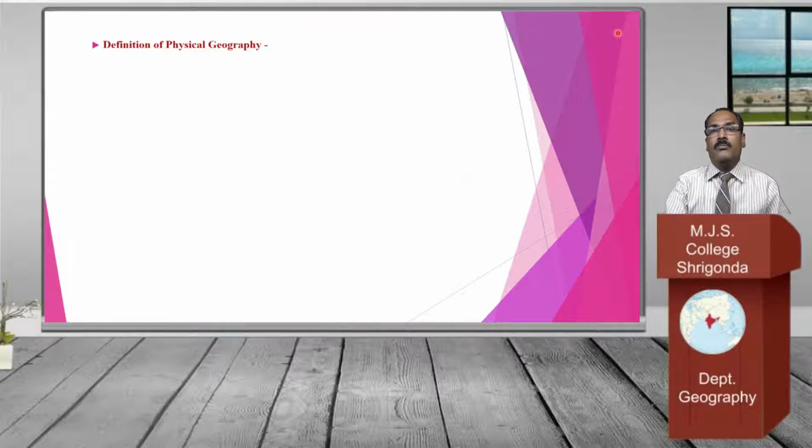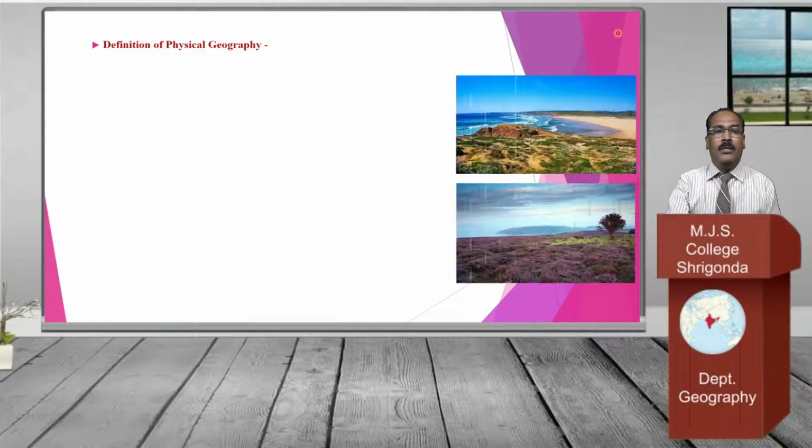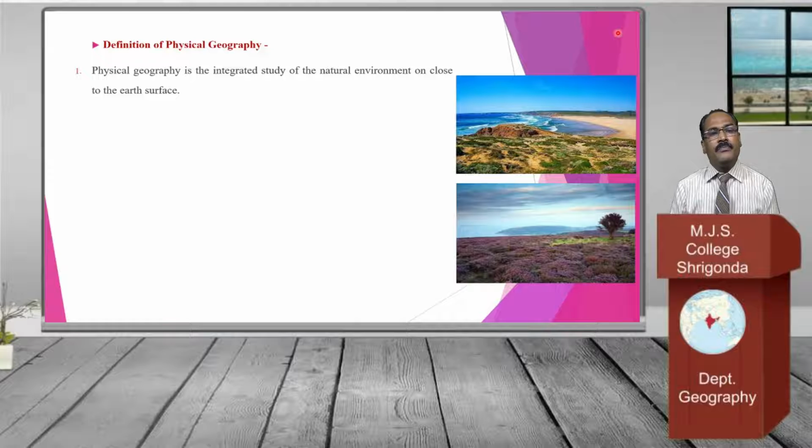Now let us come to the points. Definition of physical geography. The physical geography is the integrated study of natural environments close to the Earth's surface.